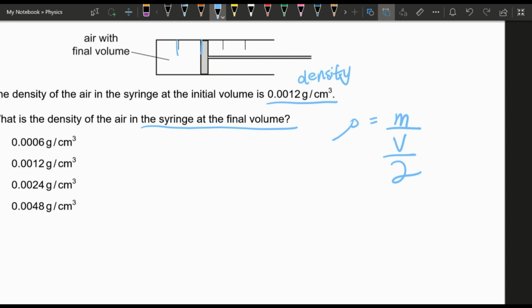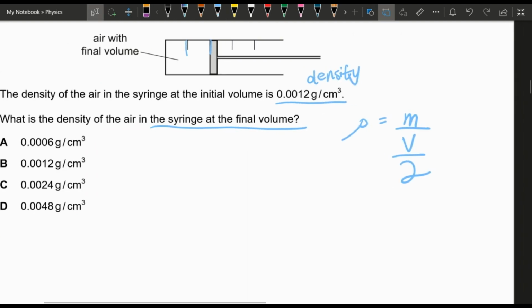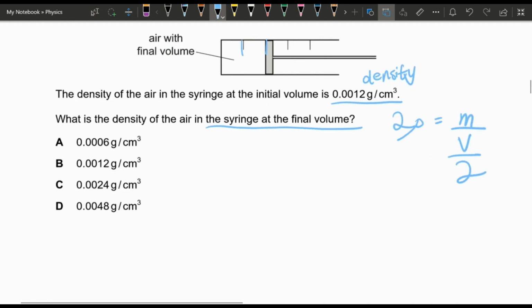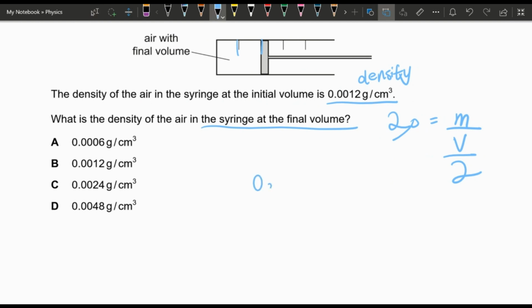So if the volume became half, the density would become double, right? It will become two times. So now its new density will be 0.0012 times 2, which is 0.0024 gram per cm cube.